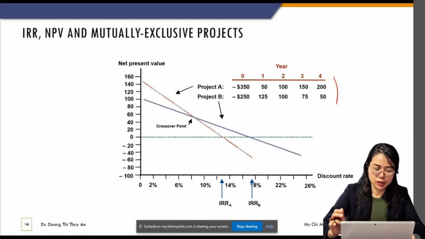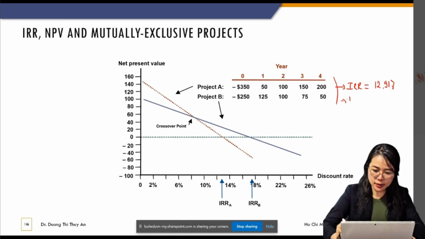Okay, please calculate. Make sure that for project A, the IRR is 12.91%, and the IRR for project B is 17.8%.